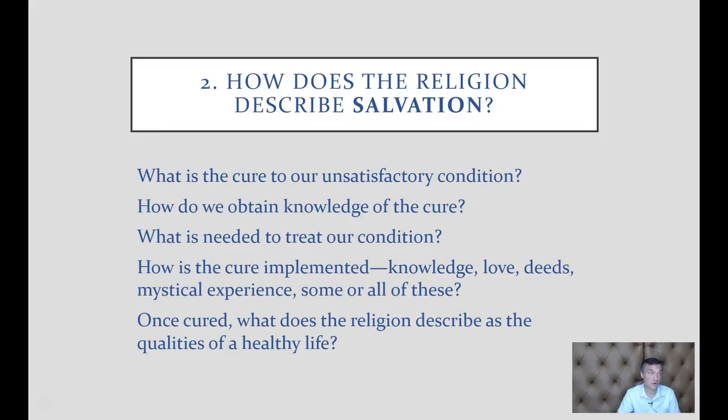Does it involve demonstrating love through deeds? Does it involve mystical experience, attaining a certain kind of spiritual experience? Or is it some combination of these? Again, don't just focus on one thing if there are multiple things offered. You want to represent the religion as closely as you can when you are doing your reading.